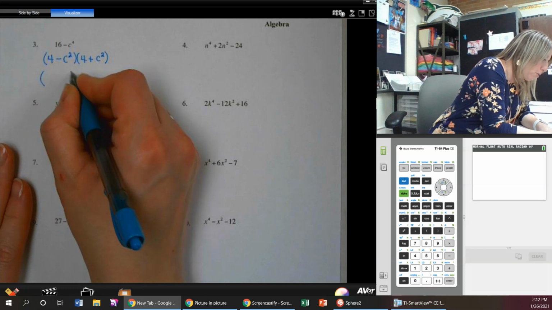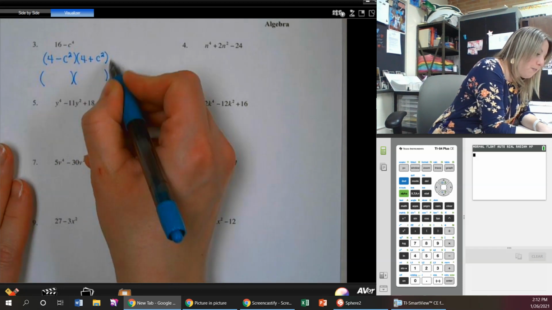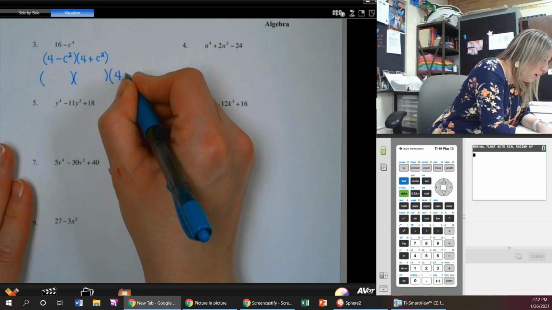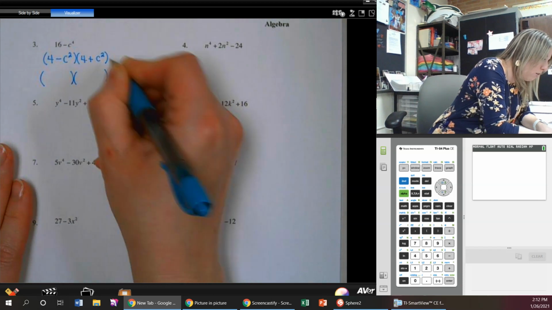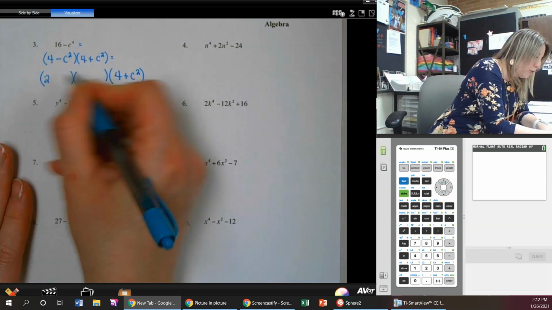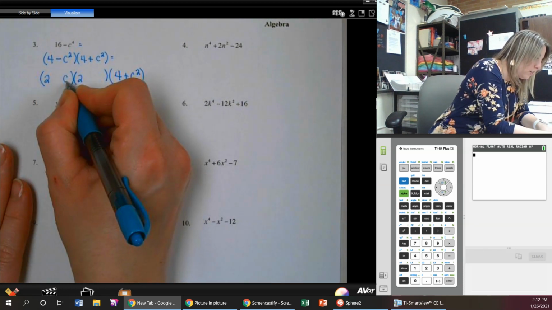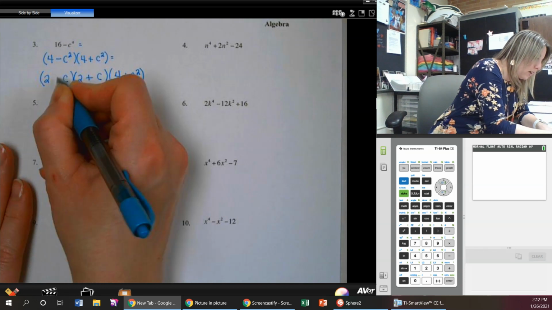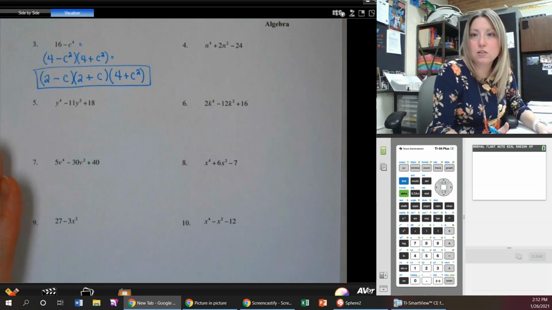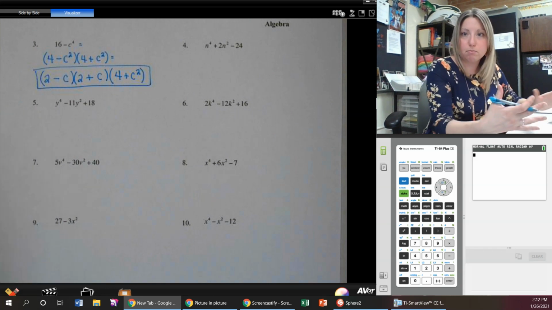So I do that process again. Any factors that can't be factored further, just rewrite in the final answer. Square root of 4 is 2 for the fronts. Square root of c squared is c for the backs, and different signs between them. Check to make sure all the GCFs and dots are gone.